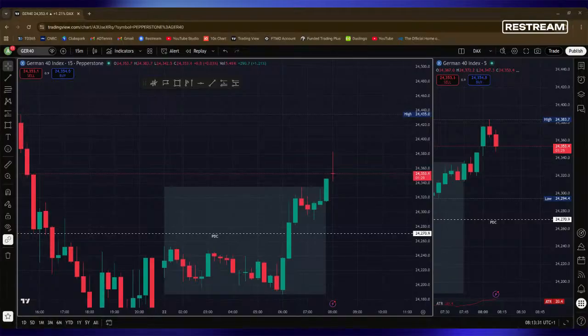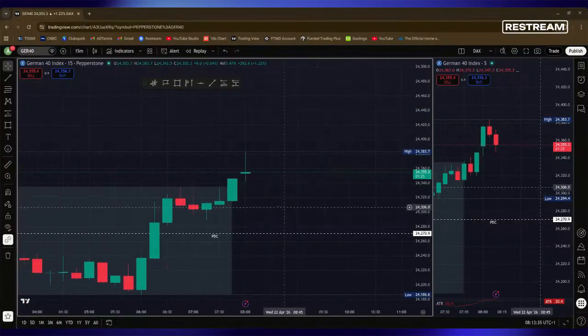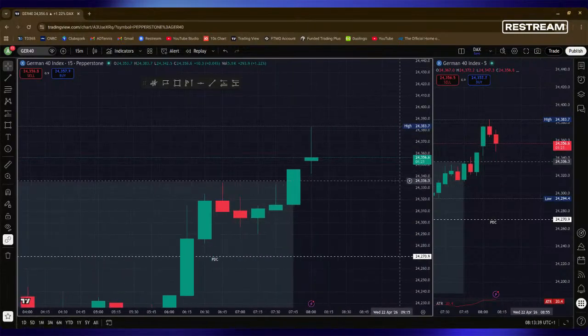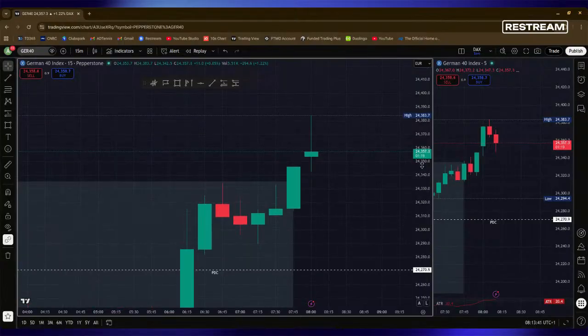Currently, we're looking at an indecisive first 15 minutes. We'll see if it can close strong or weak.